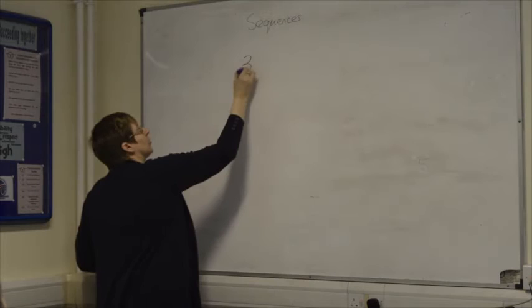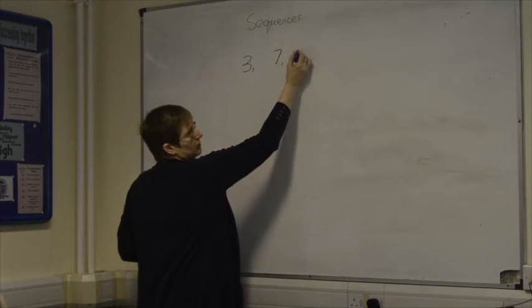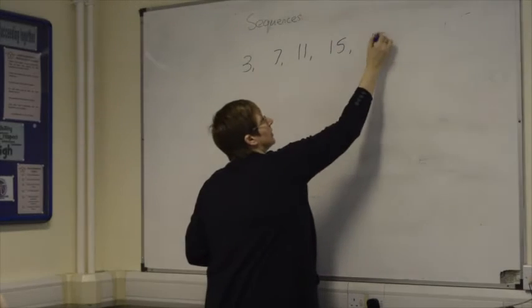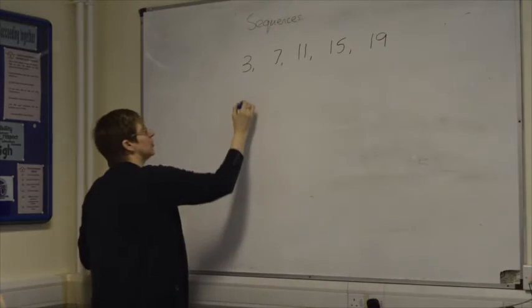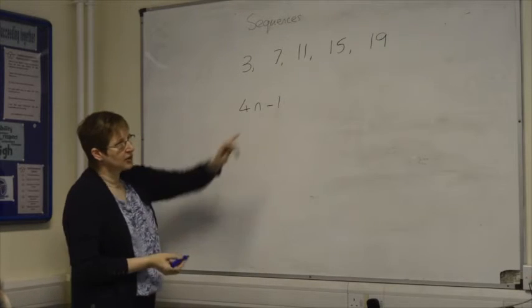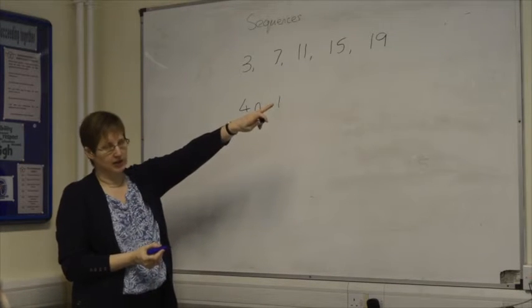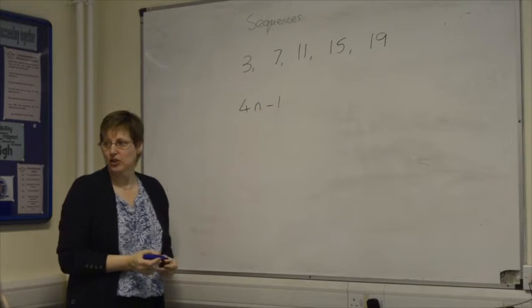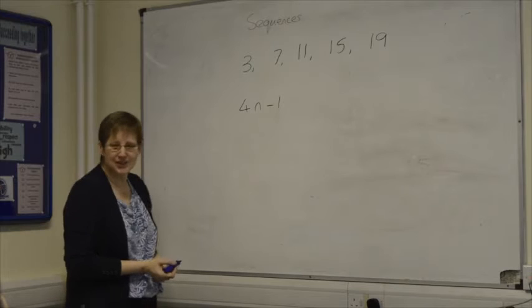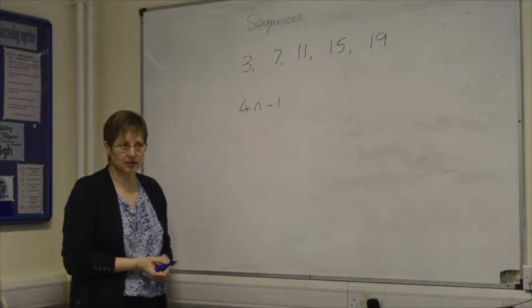So let's take that top one. 3, 7, 11, 15, 19. And we said it was 4n minus 1. Can you see the title at the top of that slide there? It says finding the nth term formula. We need to explain what that means.